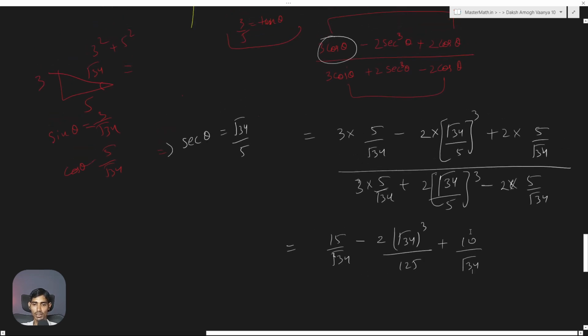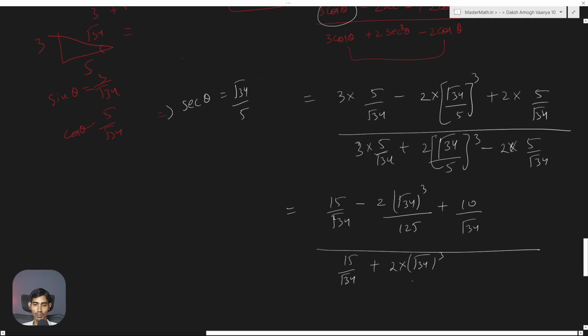I think it's further getting complicated. 15 by root 34 cube by 125 minus 10 by root 34.